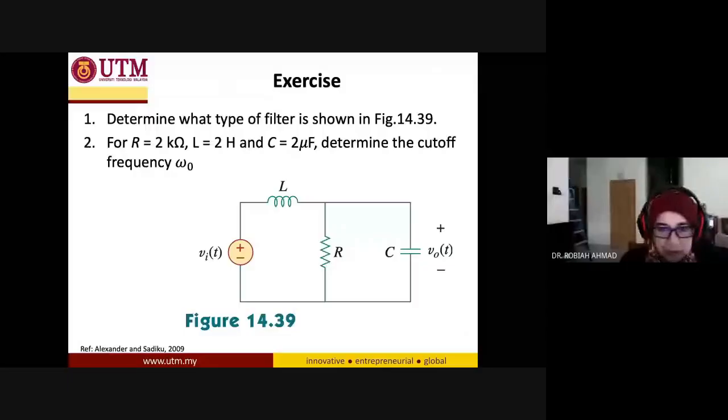Okay, so determine what type of filter. You want to know whether it is high pass, low pass, band pass, all the different 4 types of filter, and then the cutoff frequency. So first, in the solution, we have to determine the transfer function.